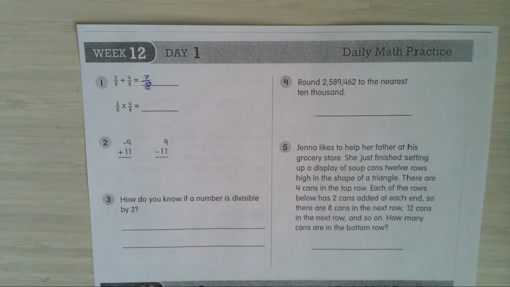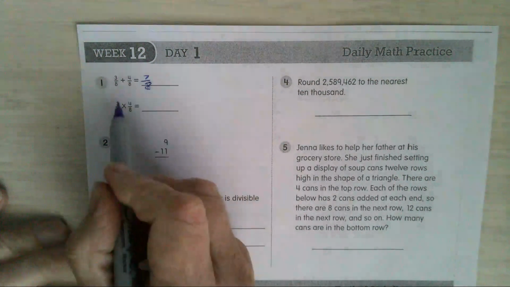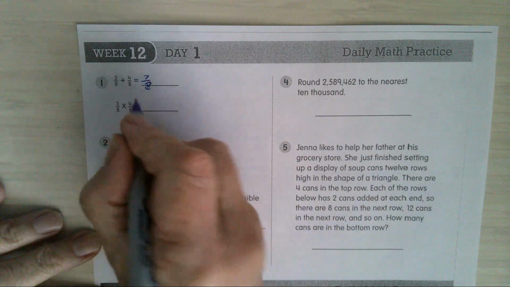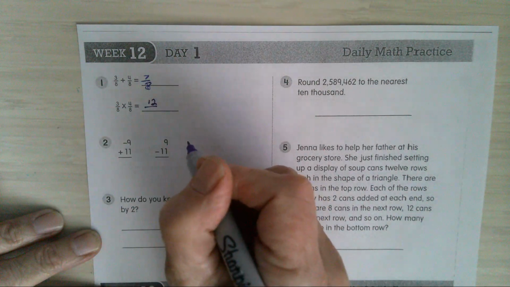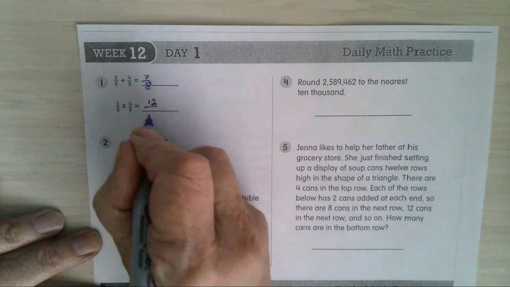When you multiply straight across, 3 times 4 is 12, and 8 times 8 is 64.